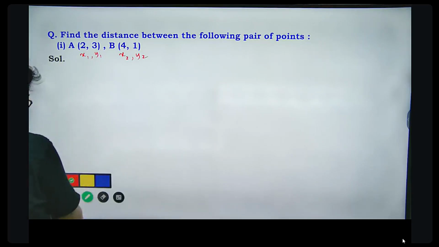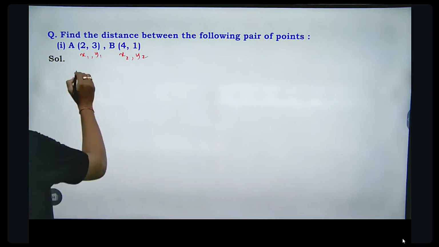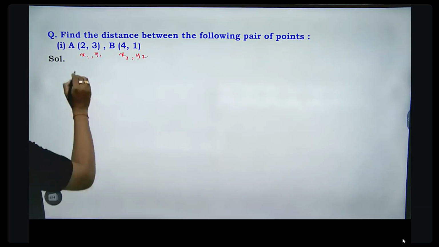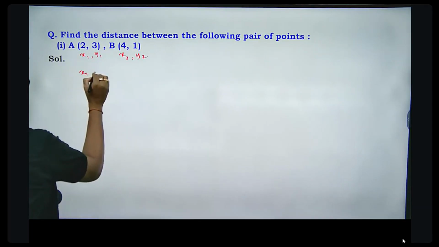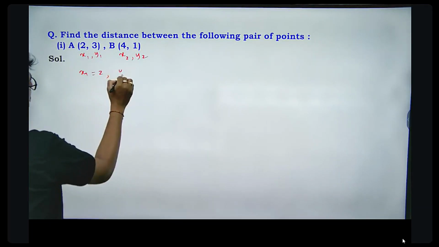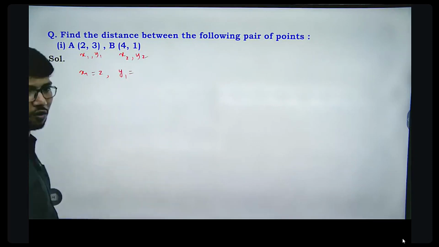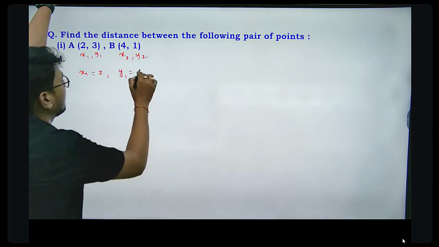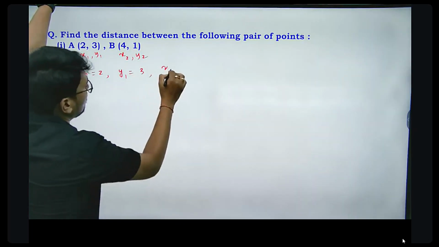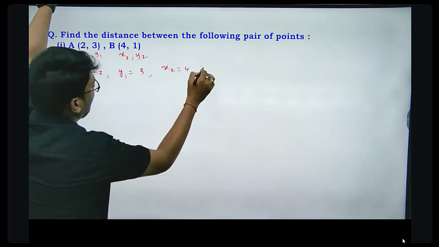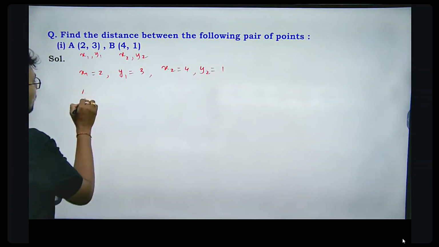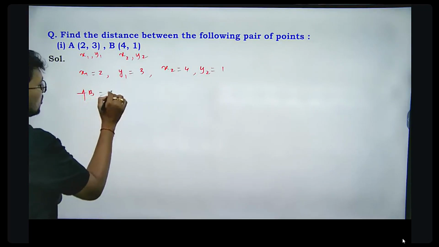Okay. See, look here. See now, as per the question, x1 is how much? x1 is how much? Say it. x1 is and y1 is 3, and x2 is 4, y2 is 1. So our formula for finding the length of AB, children, is square root of.